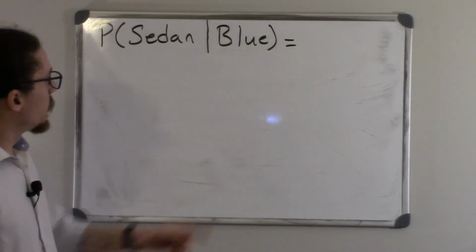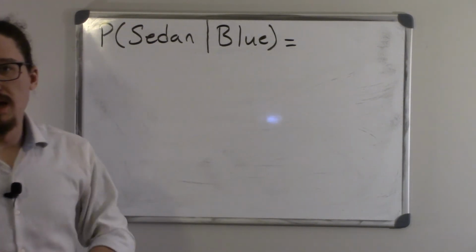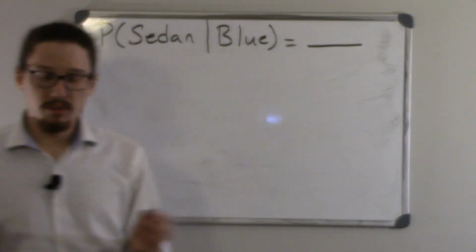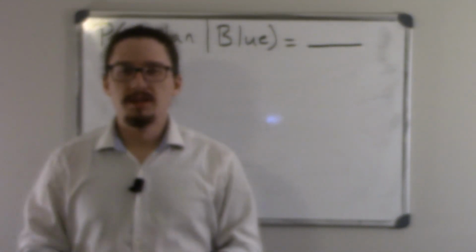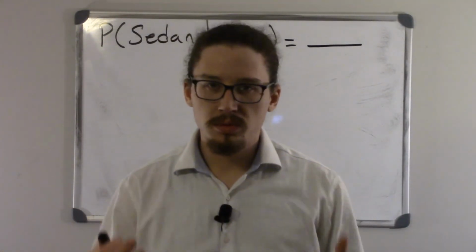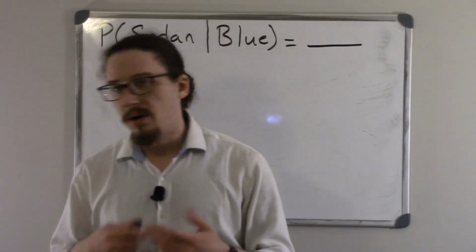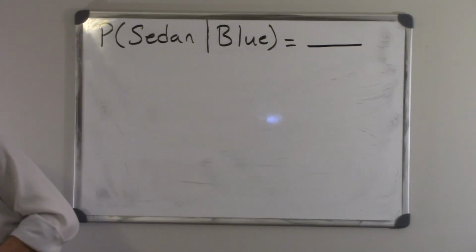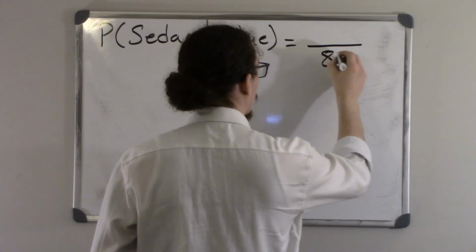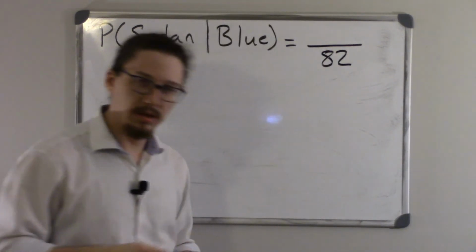That's really easy to do with our joint distribution table. We can look at it and say, well, we're only looking at the blue. We know that the vehicle, whatever it was, was blue, and so we can forget about all the other vehicles. We just want to look at the blue ones. So our denominator would be 82, because there are 82 blue cars.